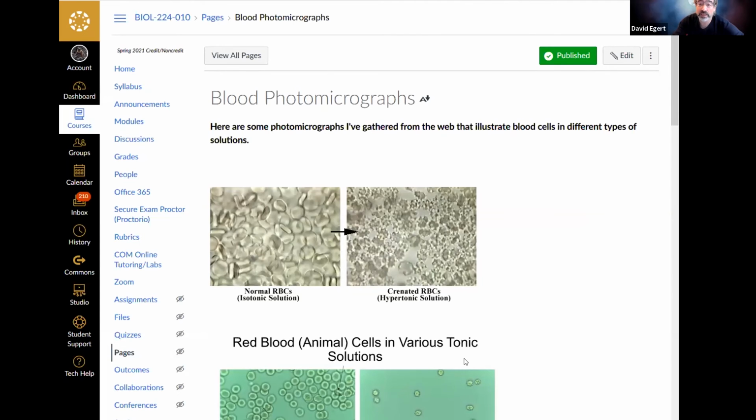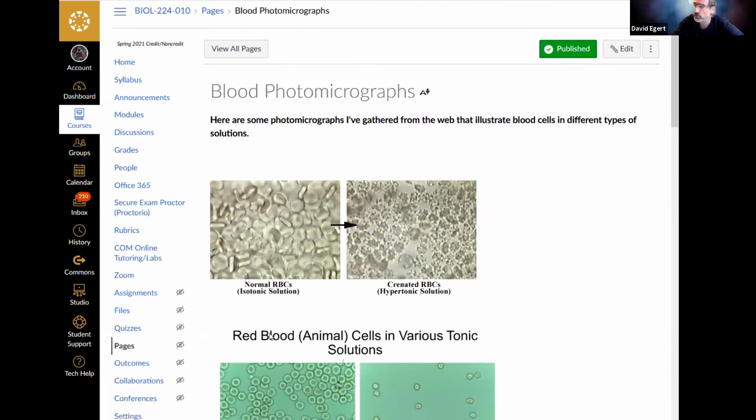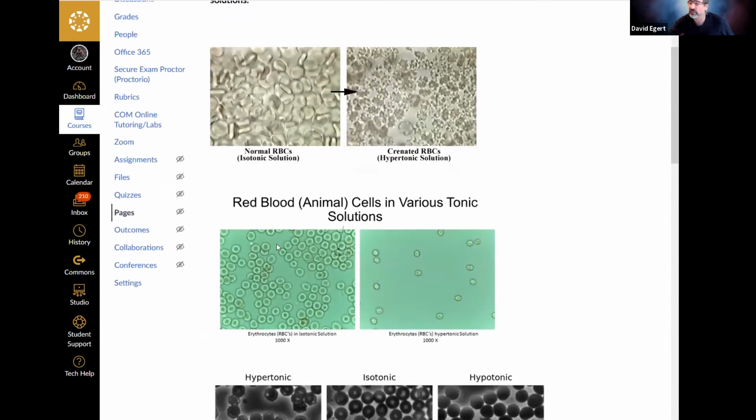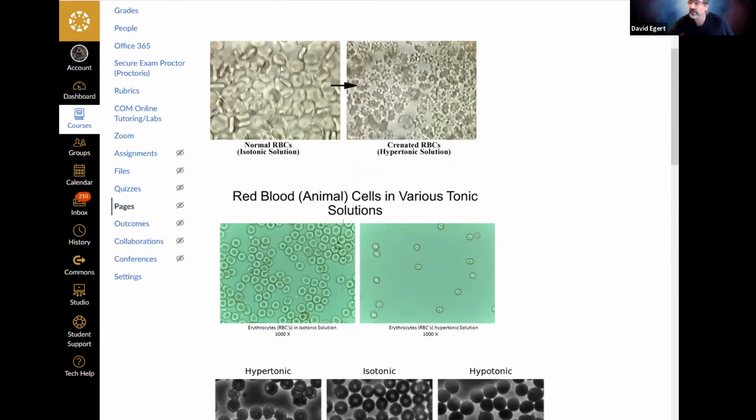And then in your lab, it asks, you look at these under the microscope, write down which one of these you would expect to see. Like for normal RBCs, isotonic solution, which test tubes would we expect the red blood cells to look like this or like this?